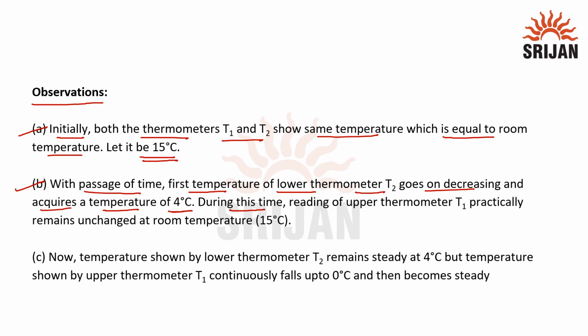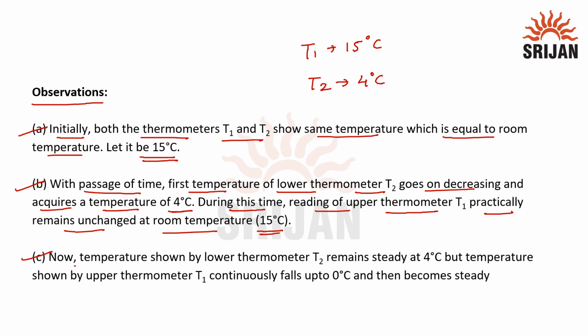During this time, the reading of the upper thermometer practically remains unchanged at room temperature, 15 degrees Celsius. So T1 is still giving the reading of 15 degrees Celsius, but T2 shows a reading of 4 degrees Celsius.